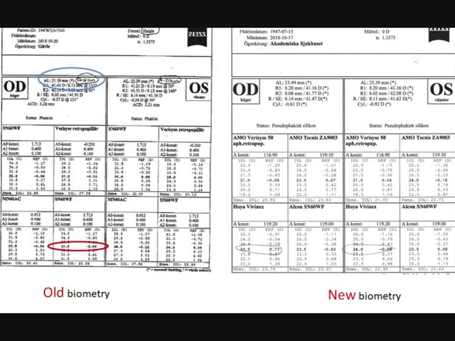Just look at the axial length, which is much longer on the new biometry, and look at the IOL, a huge difference. So the axial length is wrong.